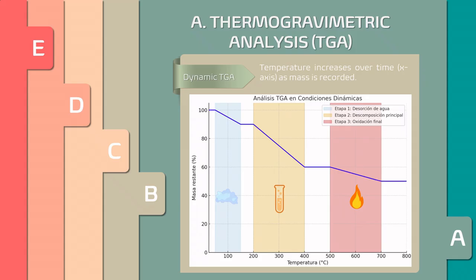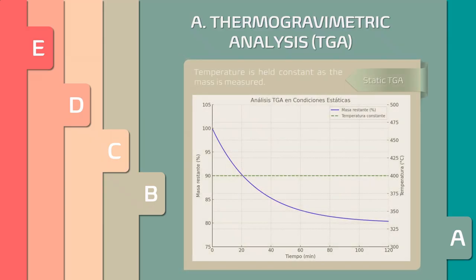This allows simultaneous identification of how much sample is lost and the temperature at which it occurs. In static TGA, the temperature is held constant as the mass is measured. This can be used to gain more information on a decomposition that happens at a certain temperature, or to investigate a material's ability to withstand a given temperature.